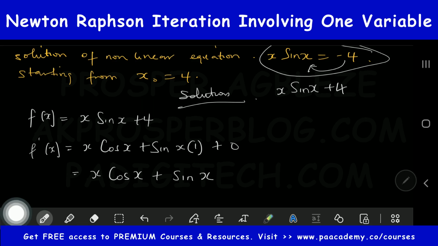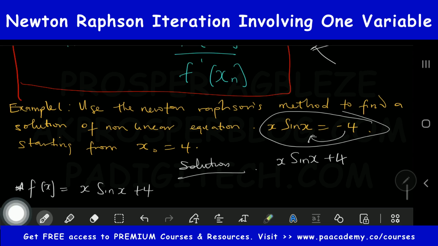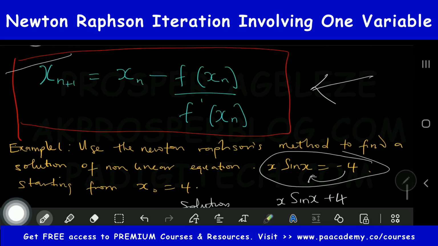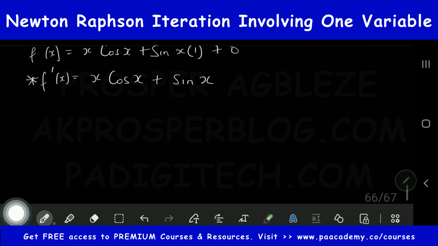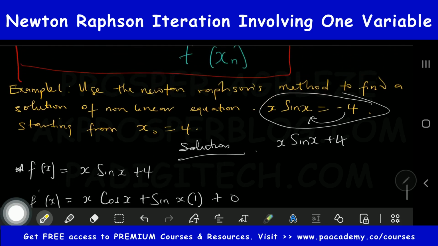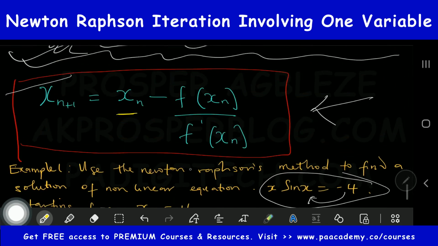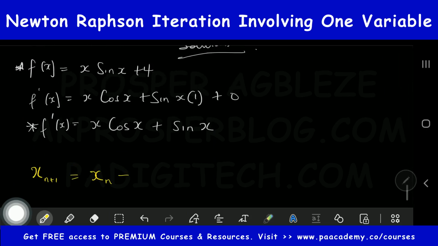Now that we already have our f of x, and we also have our f prime of x, which is this right here, we can go ahead and bring in the formula, which is what we are seeing right here. With that we are going to be having x of n plus 1 equals x n minus, where the x n you are seeing is this particular x n, then this f of x, which is it right here.